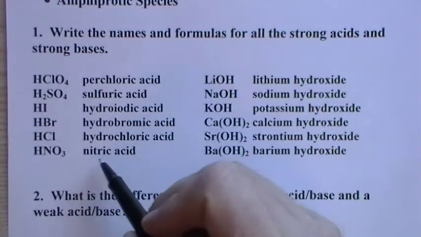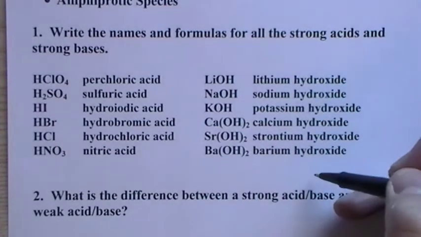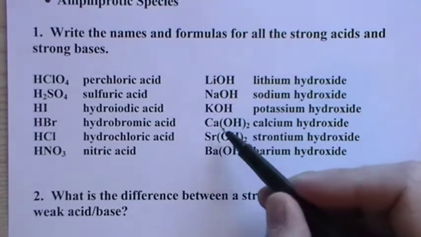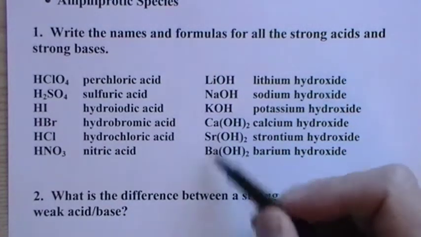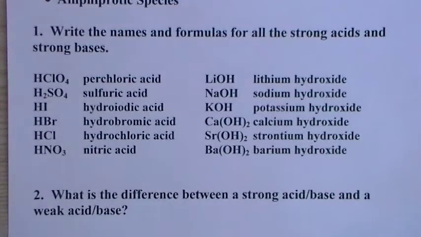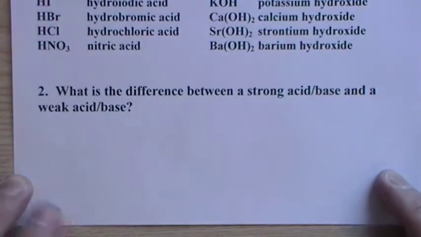It's not nitric, it's nitric acid. For the bases, they all end in hydroxide. So lithium, sodium, and potassium are all group 1A elements. Calcium, strontium, and barium are all group 2A elements. So there's a pattern there. But just make sure you know the 6 acids and 6 strong bases.